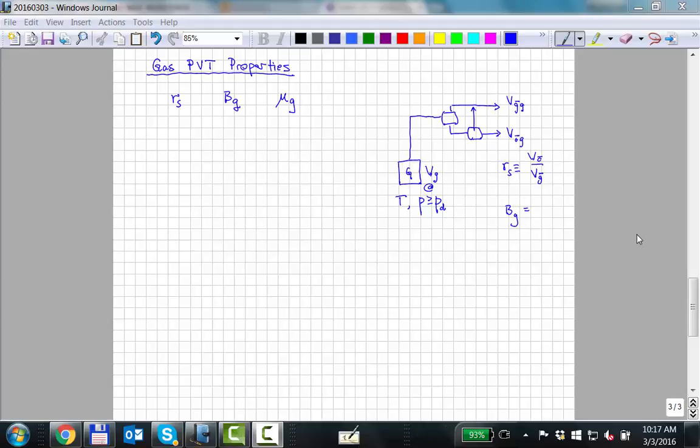Okay, so we're going to move over to the gas PVT properties, and let's just say that we're at a temperature. Of course, we have to keep that constant. Let's just say that this gas that we're looking at used to be together with this oil. Let's say that they were in equilibrium.